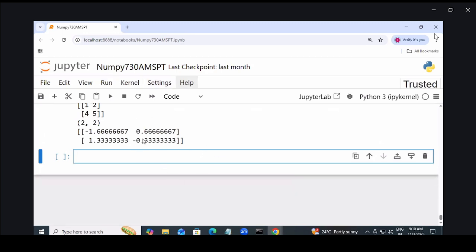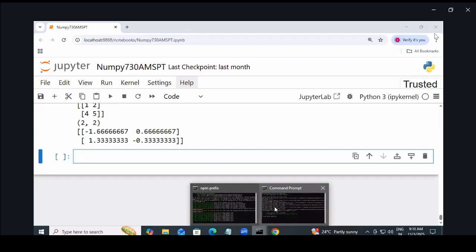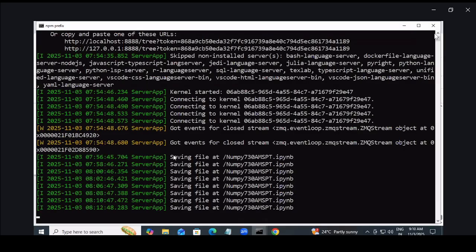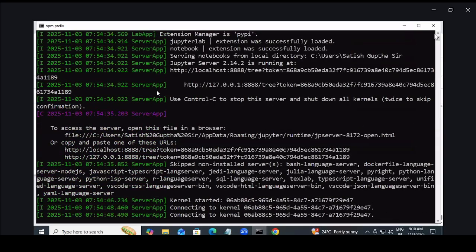Is this a web page or not? Yes. Here you are writing the code, and when you run it, this is sent to the backend. Backend is the server. Jupyter server is there. This is the Jupyter server, something is running in the backend. Which application is running?